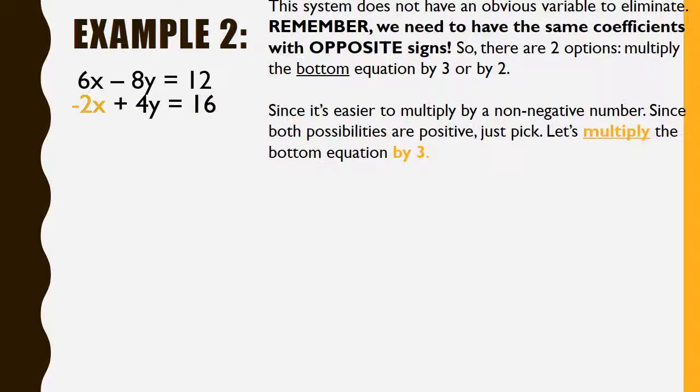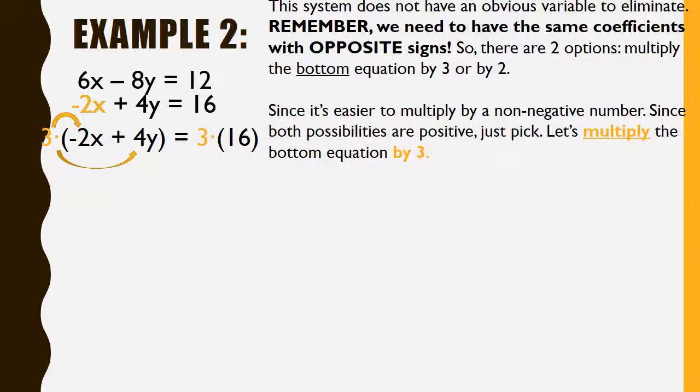Okay? So when you are multiplying by a number to get two coefficients that are the same but opposite signs, you need to make sure that you multiply every part in the equation by 3. So not only am I multiplying 3 times negative 2, I need to multiply 3 times positive 4, and I need to multiply the 3 to the answer, 16.